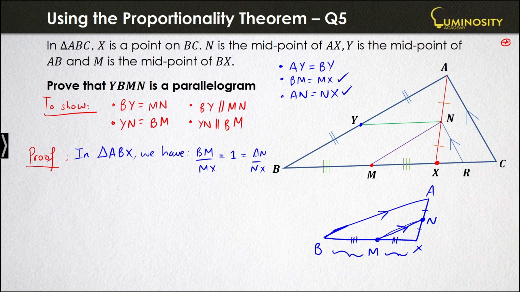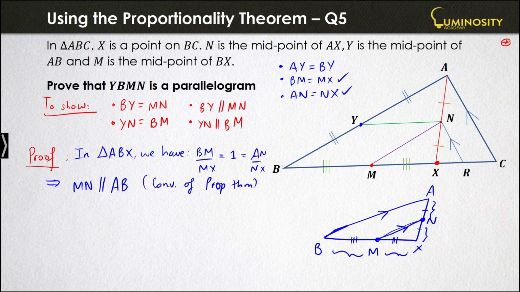And again, those are also equal to each other because of midpoints. So because that proportion is true, therefore that implies that the line MN is parallel to the line AB. Okay, and that is by the converse of the proportionality theorem. Or you can also say the midpoint theorem because it connects between two midpoints.